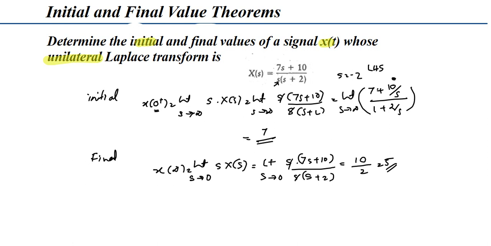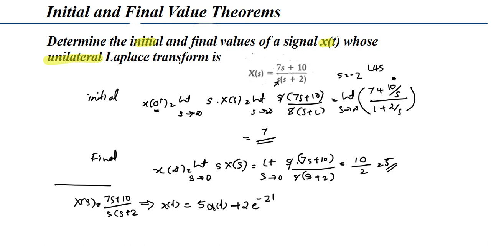Now I will tell you one more thing. For this particular question, x of s is (7s plus 10) divided by s into (s plus 2). If you find the inverse transform of this, you will get x of t as 5 into u of t plus 2 into e raised to minus 2t into u of t.